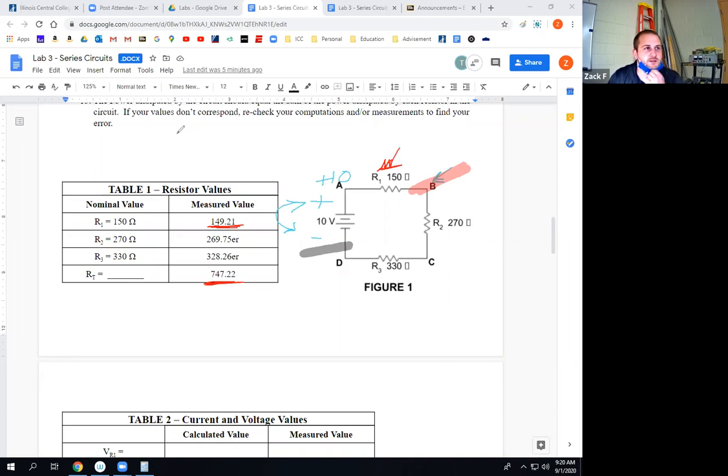Come on, math whizzes. Divide the smaller number by the bigger number. Take my measured value divided by the total resistance.